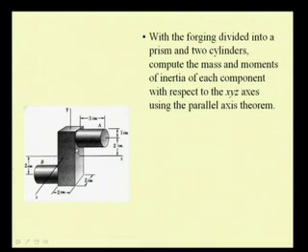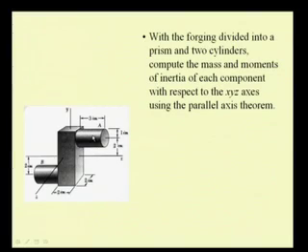So we can decompose this forging shape into two cylinders and a prism, and thus we can find the moments of the mass of these individual components with respect to the x, y, z axis. We will be using the parallel axis theorem, because the tabulated values may be with respect to the centroidal axes of the individual components.